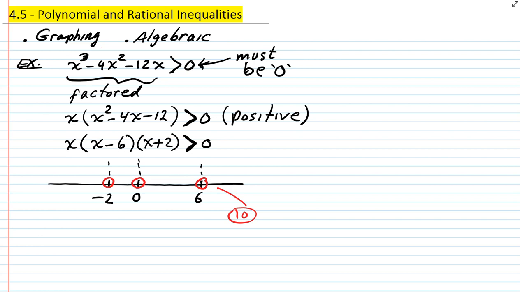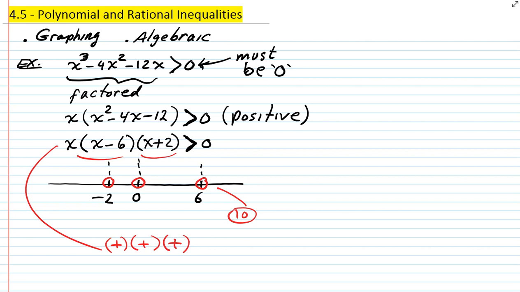I'm going to go to the factored form and plug it into this expression. So when you plug in 10 for x, that's 10, a positive value. 10 minus 6 is 4, isn't it? Throw away the number, keep the sign. And then 10 plus 2 is 12. Throw away the number, keep the sign.